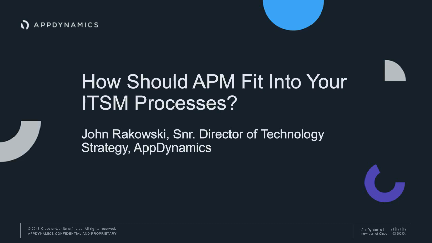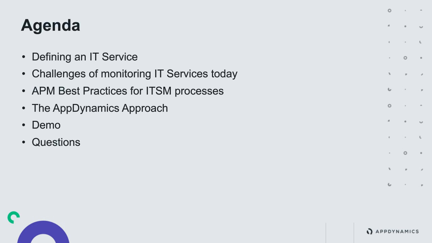So, how are we going to cover this topic? Well, we're going to cover this topic through 6 main areas. Firstly, with a level set, and we're going to look at how do we define an IT service. And I'm going to do this using the ITIL version 3 kind of guidance in regards to this. Then we're going to look at the challenges of monitoring IT services today and how monitoring technologies fit into IT service management.